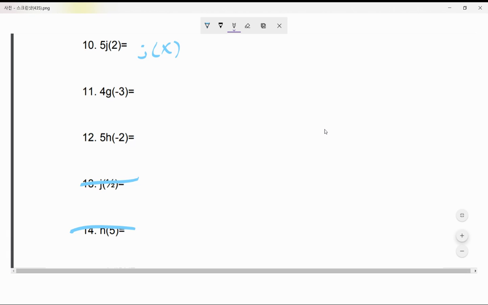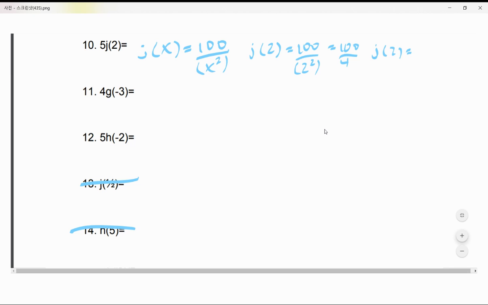j(x) is 100 over x squared, so j(2) equals 100 over 2 squared, which is 100 over 4, which is 25 again. So j(2) equals 25. But now, after that, they added a 5.